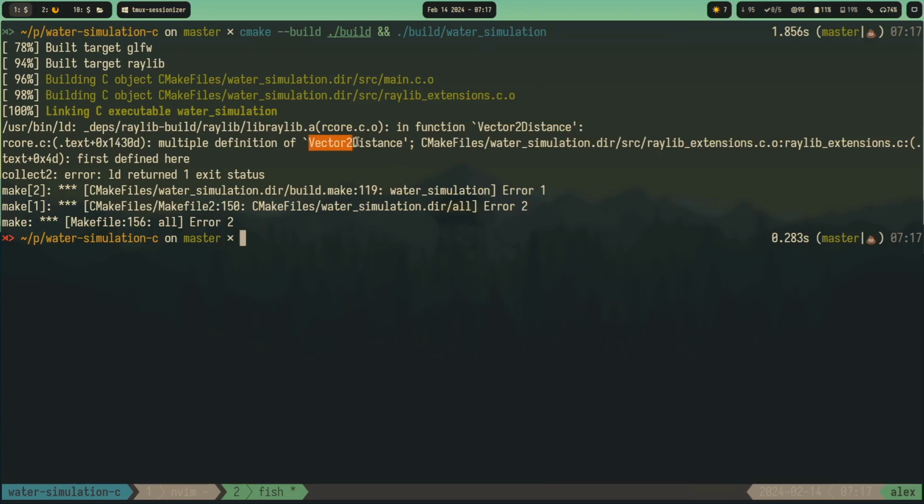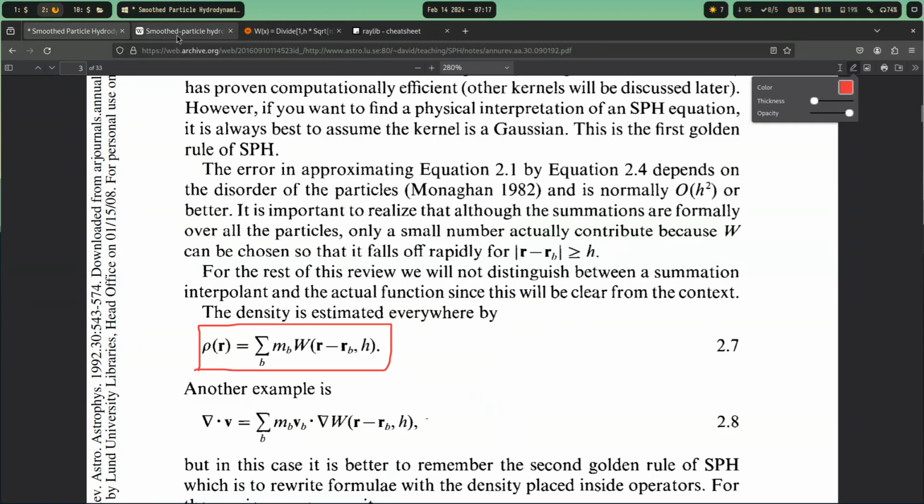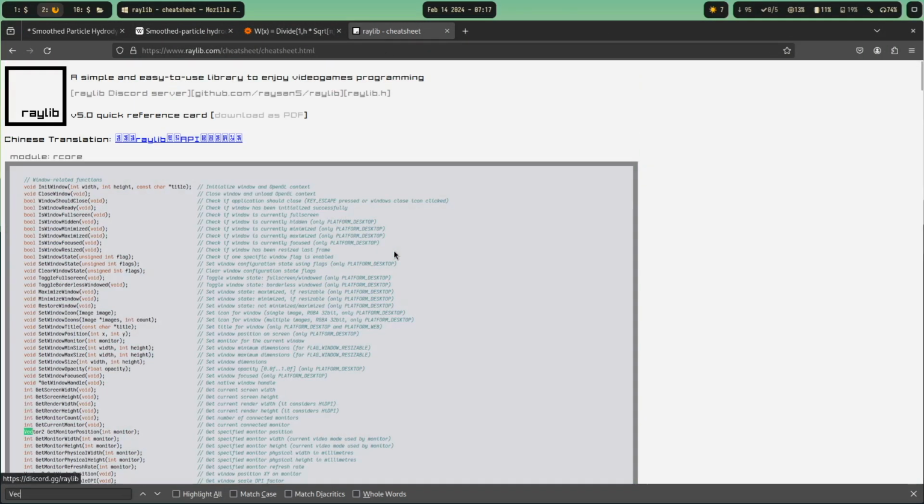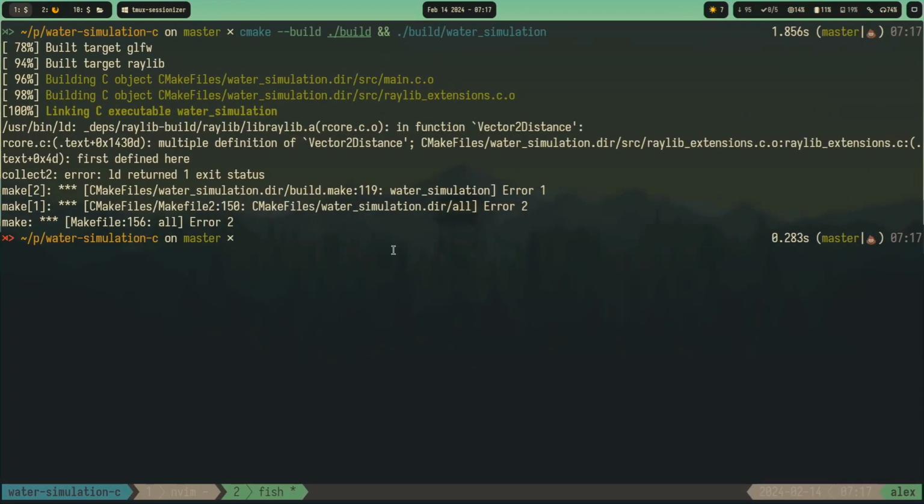Wait, what? It's already declared? That's so strange. Like vector to distance is not here. Let's look. Raylib GitHub.